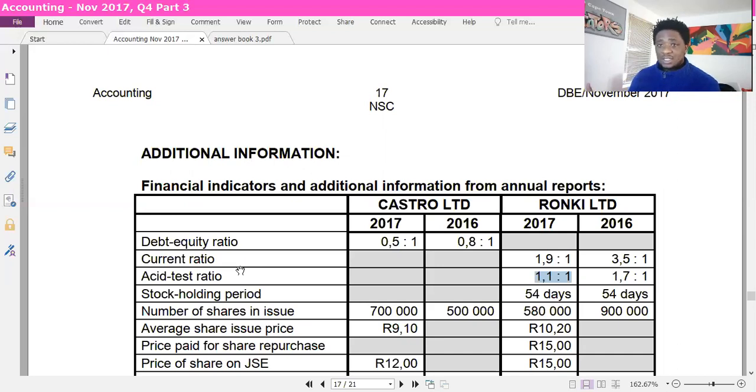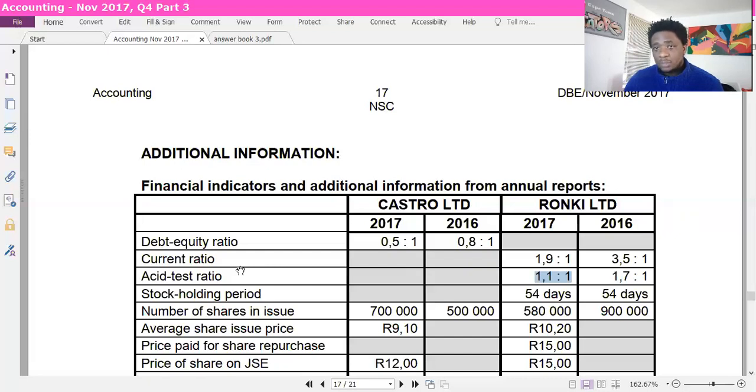But the stance that I took when I was answering the question was that the liquidity of Ronki Limited is actually in a more efficient state. It went from 3.5:1 to 1.9:1. The norm is typically 2:1, so it is not really that far. To me, it also shows that they're being more efficient with trading stock.